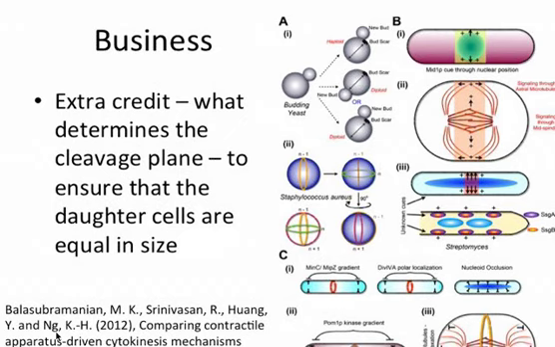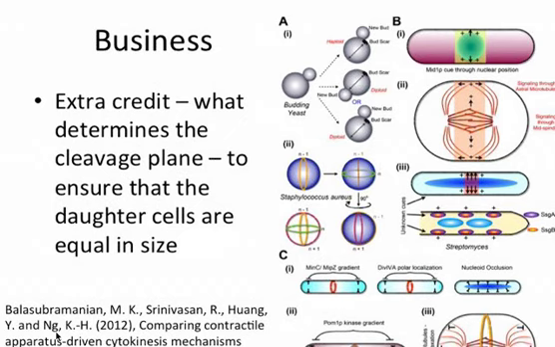Anything from, it has to do with the location of the astral microtubules and the position of the mid-spindle, which is logical actually. In budding yeast, there are scars from where previous divisions have occurred, and it has to do with that, so it's based on locations of prior divisions.